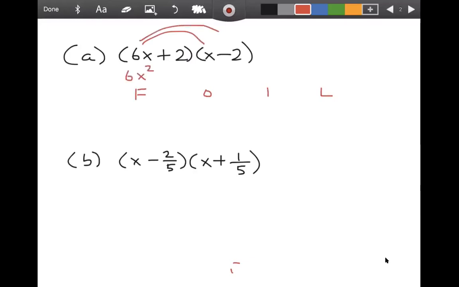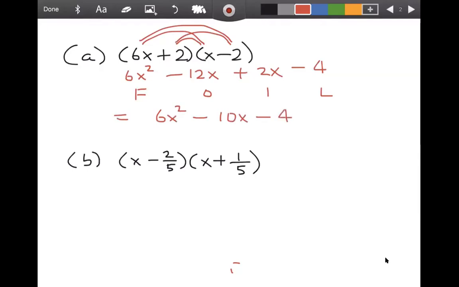Outer is 6x times negative 2, which is minus 12x. Inner is 2 times x, which is plus 2x. And last is 2 times negative 2, which is negative 4. We'll combine the like terms. We get 6x squared minus 10x minus 4.